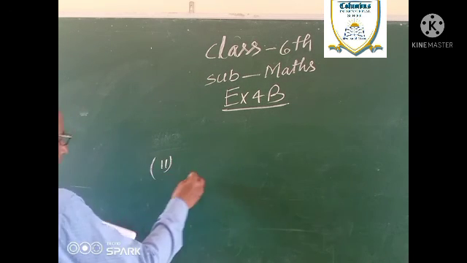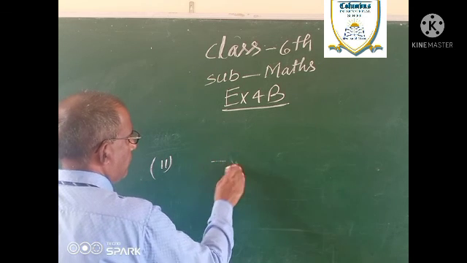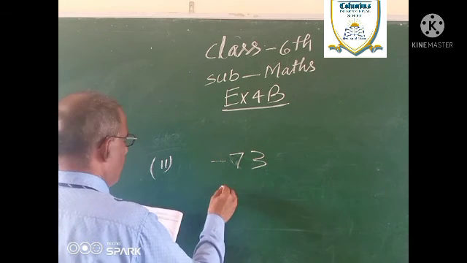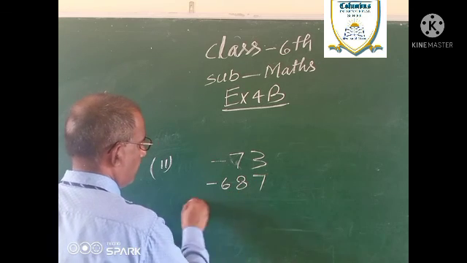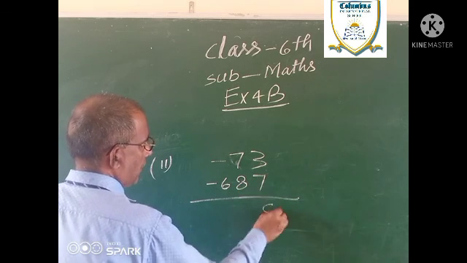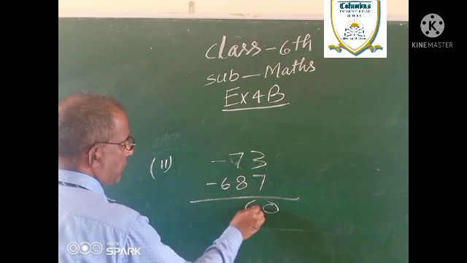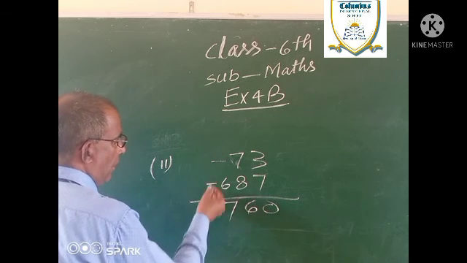Second question, minus 73 minus 687. 7 3 10 carry 1, 7 1 8 8 16, 6 carry 1, 6 1 7, and put the minus sign.